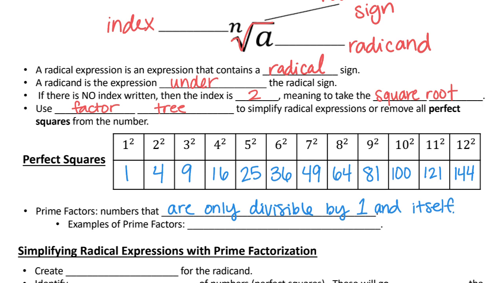Examples of prime numbers are 2, 3, 5, 7, 11, 13, and the list will go on. Those are your first 6 prime numbers, and each of these numbers can only be divisible by 1 and itself.